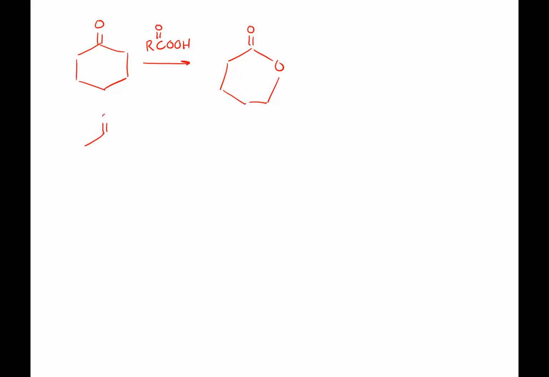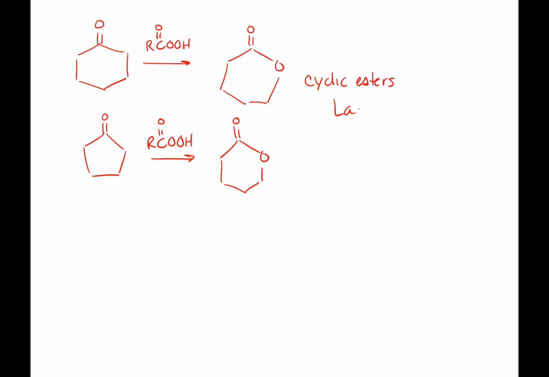Probably the easiest thing would be to start with a 5-membered ring, treat it with a peroxy acid, and I'll end up forming the 6-membered cyclic ester. Cyclic esters are called lactones.